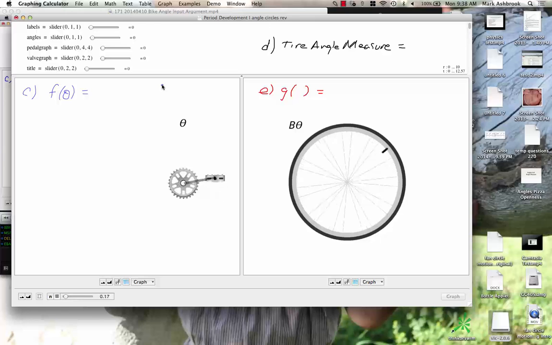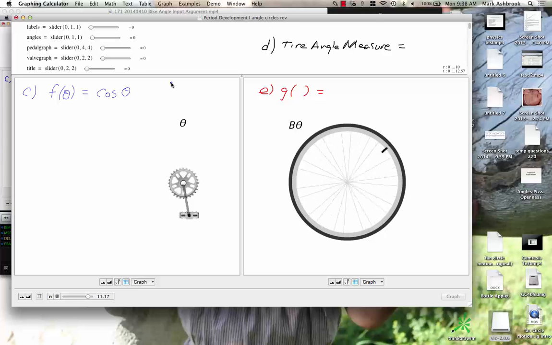If we want horizontal distance from the vertical diameter, it's going to be cosine. Okay, so they're talking about the pedal, but they're just talking about angle measure swept from 3 o'clock and horizontal distance in fraction of a radius length. We know that's our cosine.